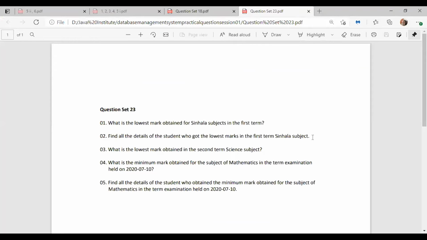So in the third question, what is the lowest mark obtained in the second term science subject? So let's write the query now.